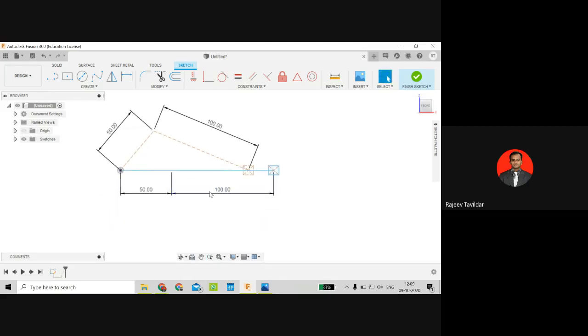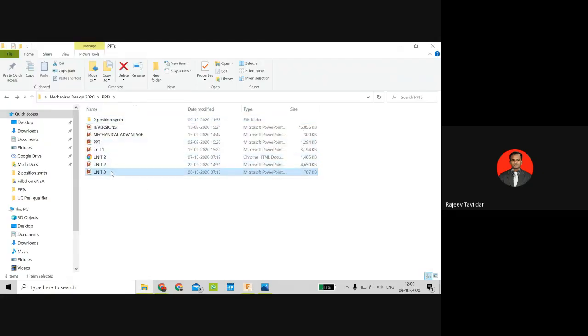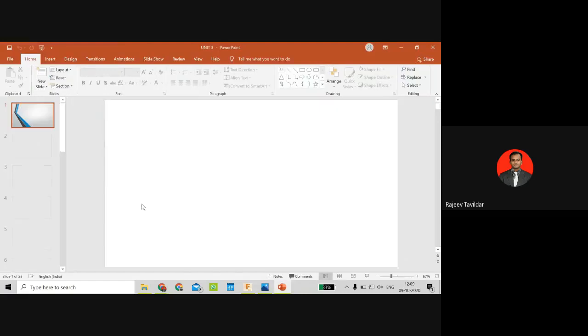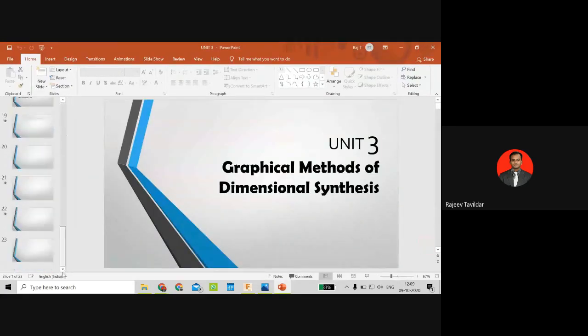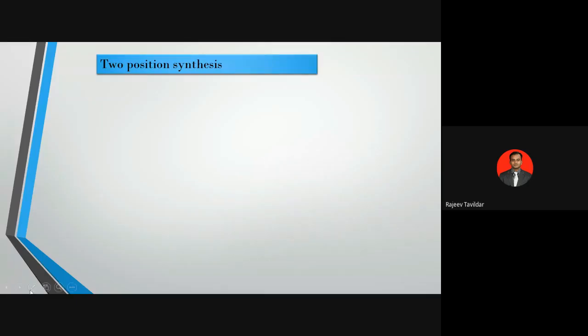So let us assume that this crank, which is of 50 mm, I'm going to denote it by R2, and the connecting rod, which is 100 mm, let me denote it by R3. Having said this, let me draw that here so that I can explain in a better way. Whatever position is there, I'm going to draw here.